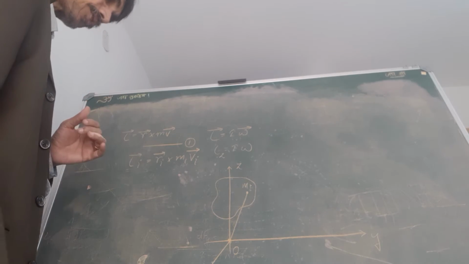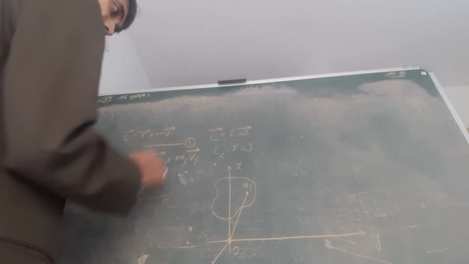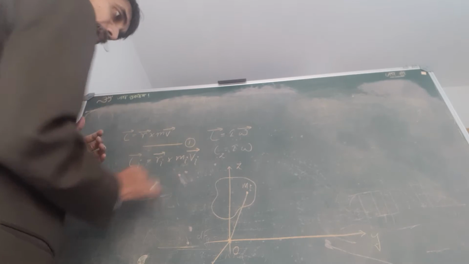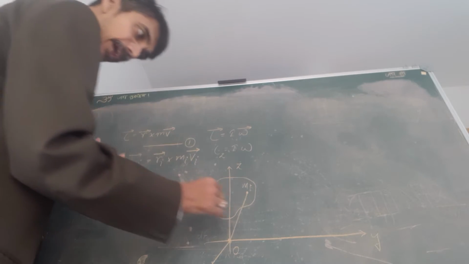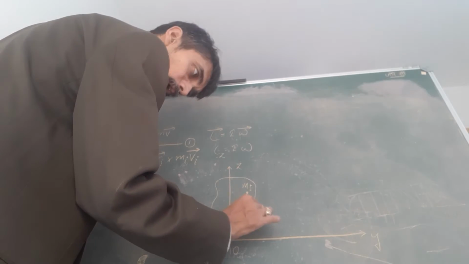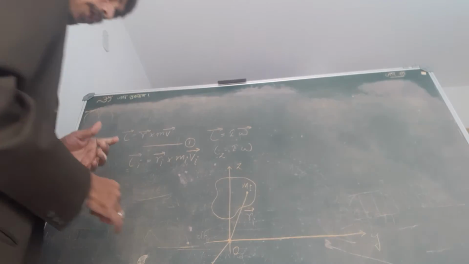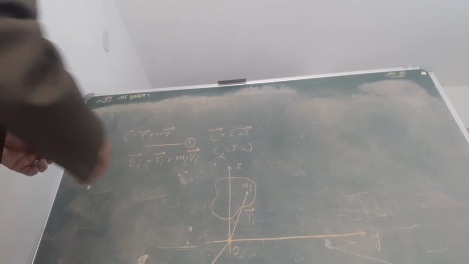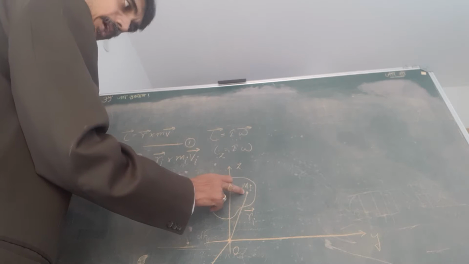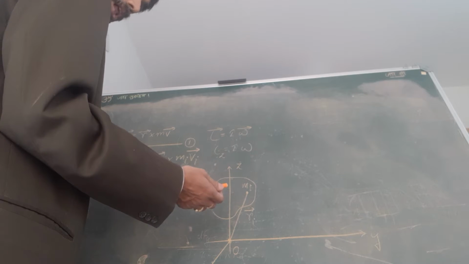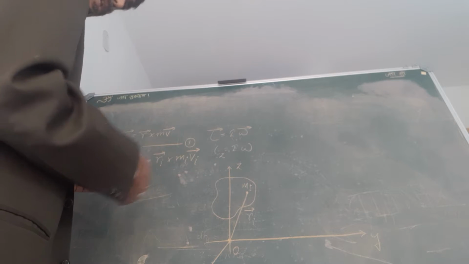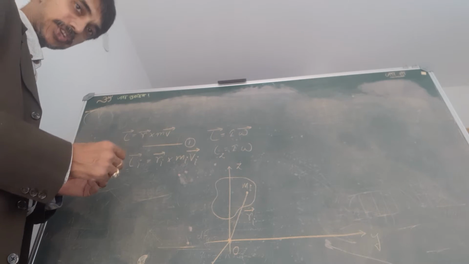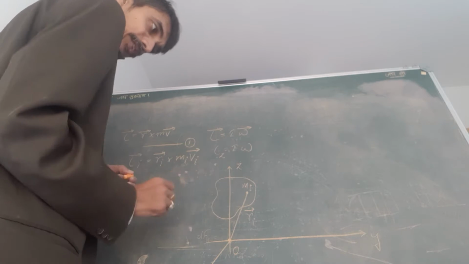Now vi is the velocity of the ith particle, mi is the mass of the ith particle, and Ri is the position vector of the ith particle. The ith particle is one of the particles that the system encompasses. The ith particle is housed by the system.